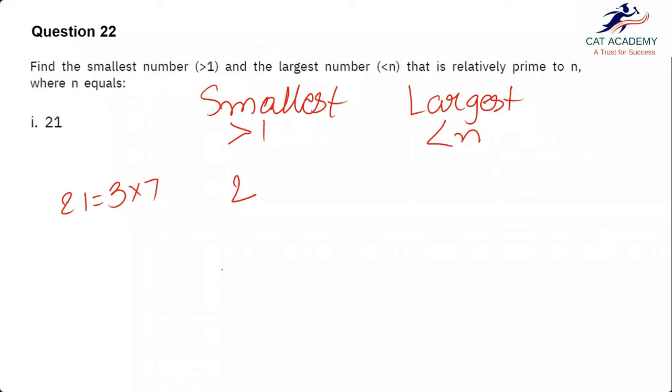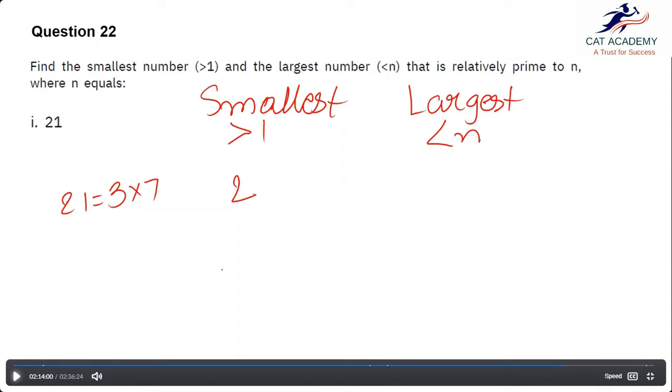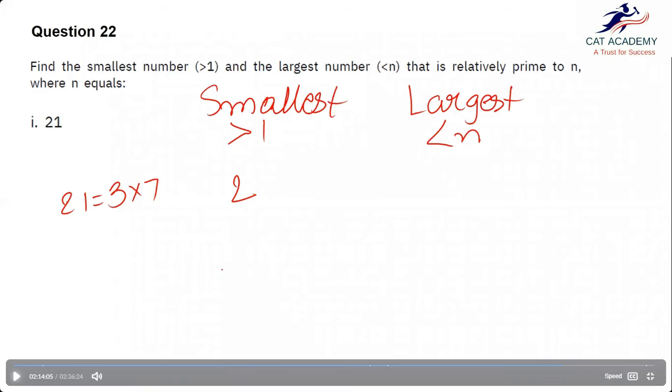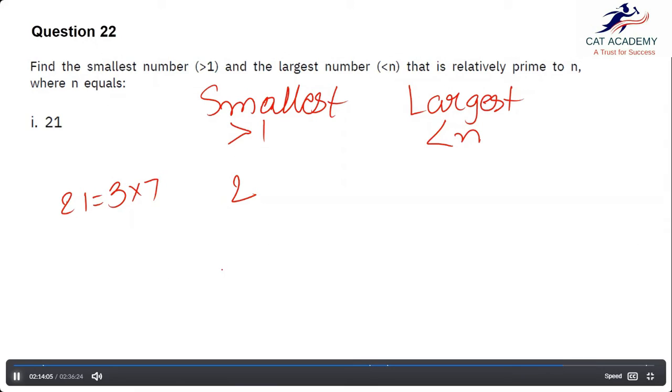Two is the smallest possible factor that can be common between any two numbers, right? Other than one, and we are not counting one.